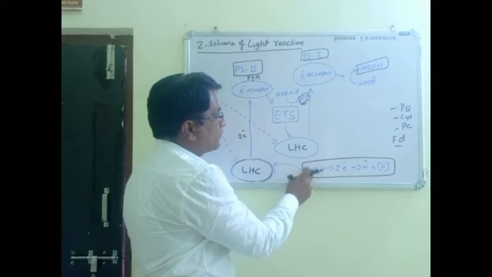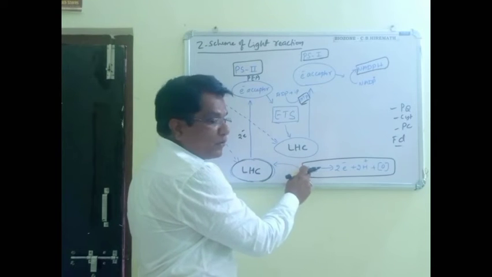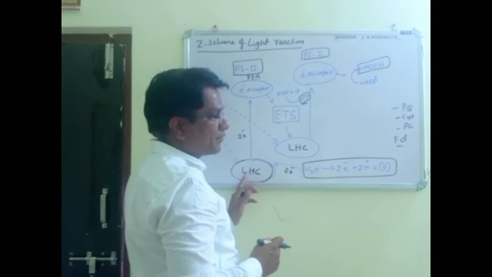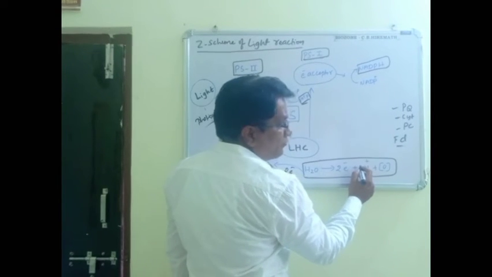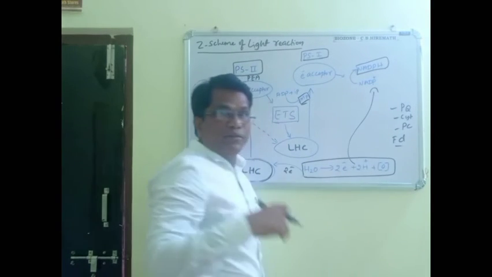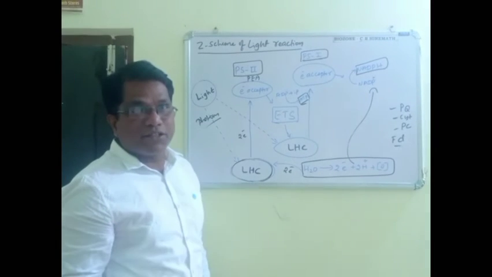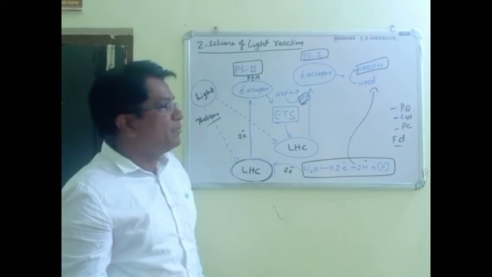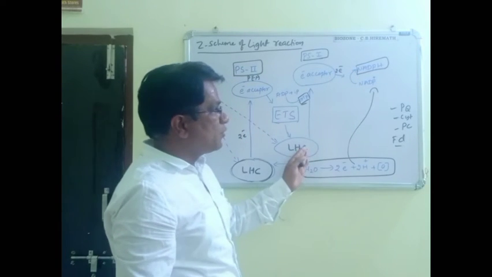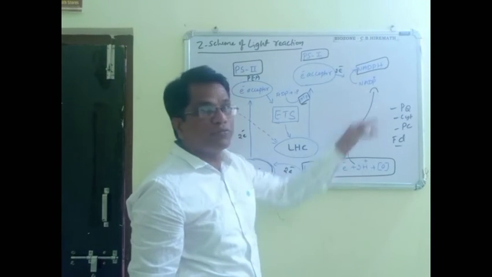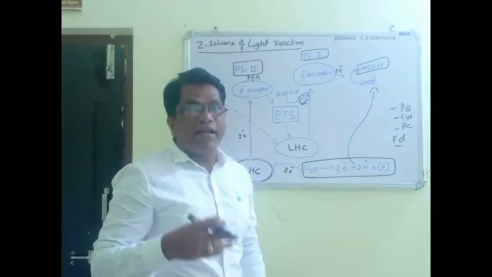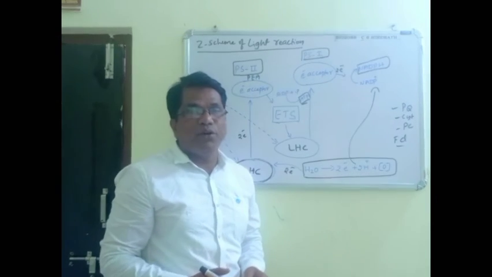Continuously in plants the water molecules are splitting and the electrons are transferred to this complex, and the protons which are released are utilized in the reduction of NADP to NADPH2. The electrons from this complex as well as protons from the photolysis of water are utilized in the conversion of NADP to NADPH2.